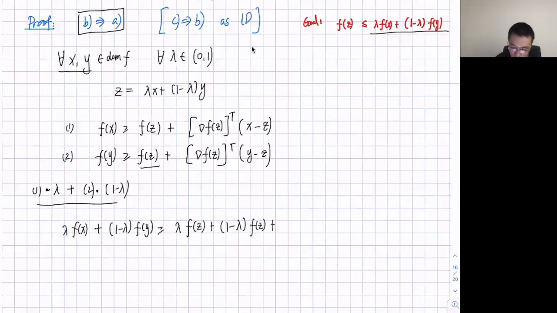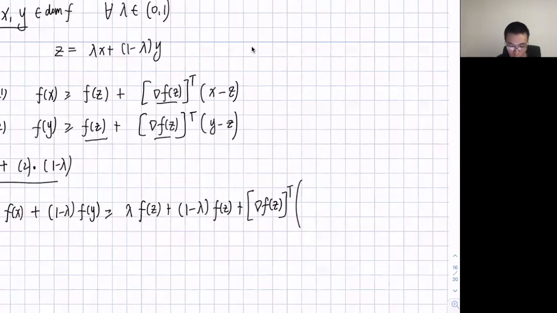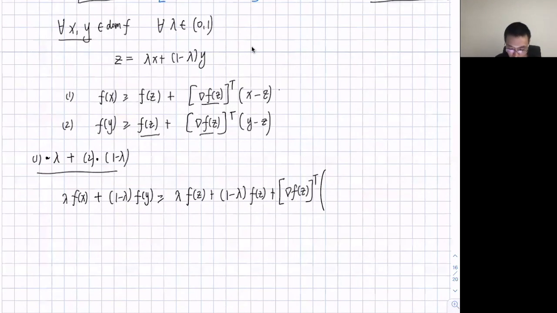And the derivative of f at c is shared, so I can pull this term out. Don't forget that my first term is multiplied by lambda and my second term by 1 minus lambda. So it should be lambda times x minus z plus 1 minus lambda times y minus z.